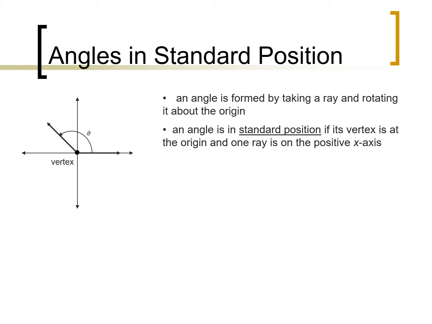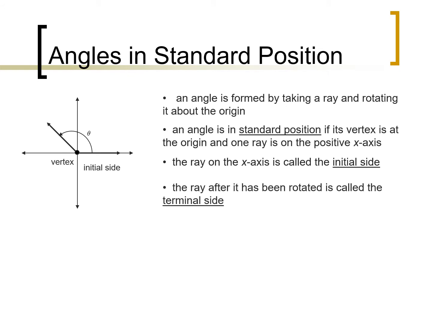To label a couple things, that point in the middle is called our vertex. The ray that's on the x-axis we call the, sorry, not the terminal side, called the initial side of our angle, where our angle is starting, the initial side. I think I might have just inadvertently told you the other one.